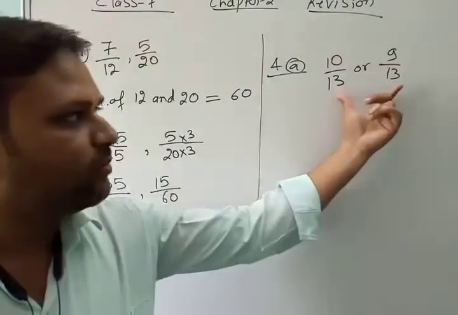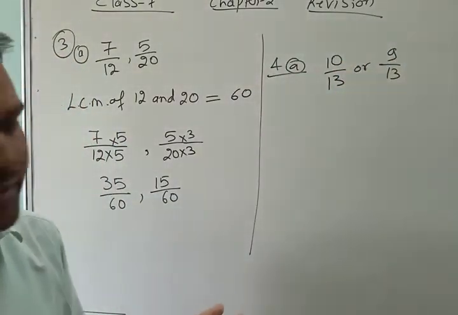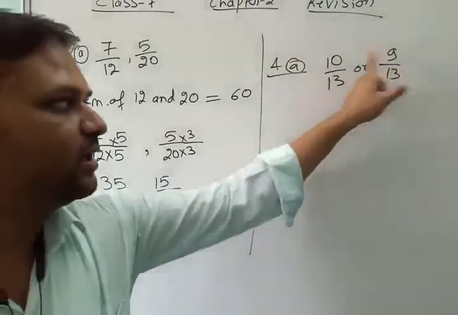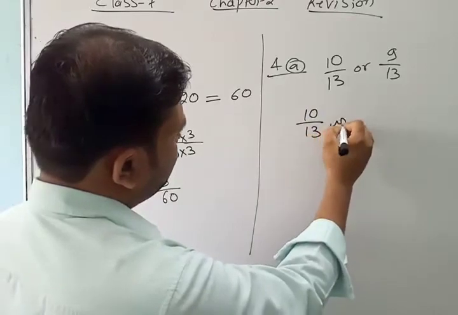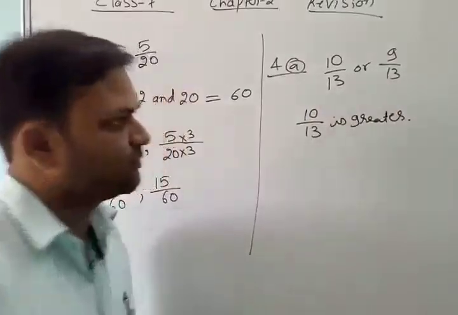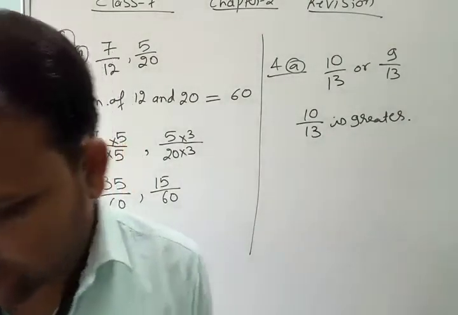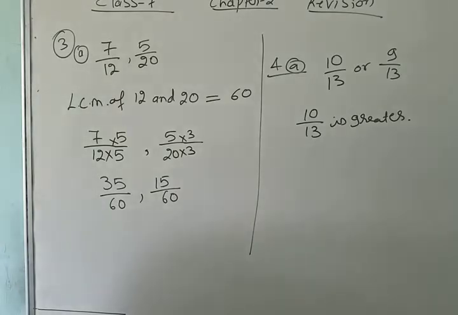And if the denominator part is the same, then check the numerator part. Whose numerator is greater, that number is greater. So between 9 and 10, 10 is greater, so we can say that 10 upon 13 is greater. It is only greater than and less than. Then come on, next question, that is the fifth question.